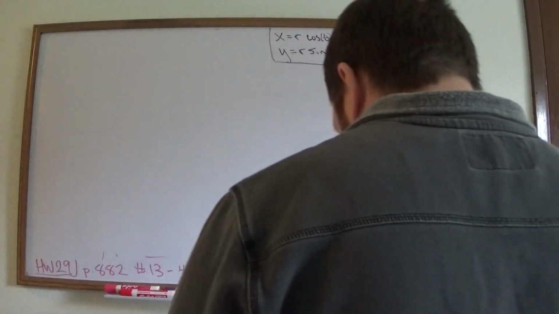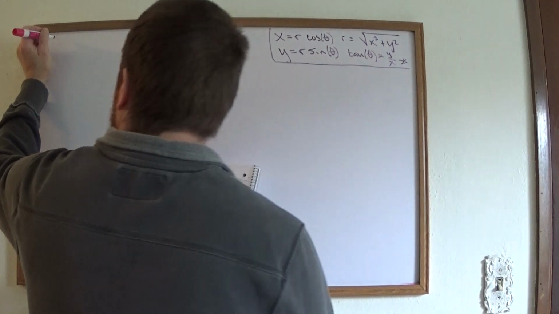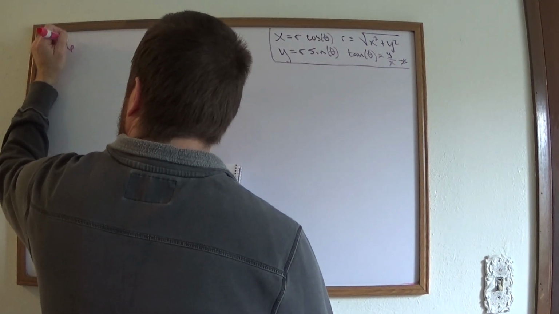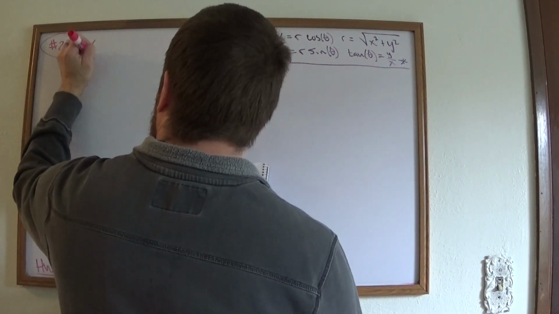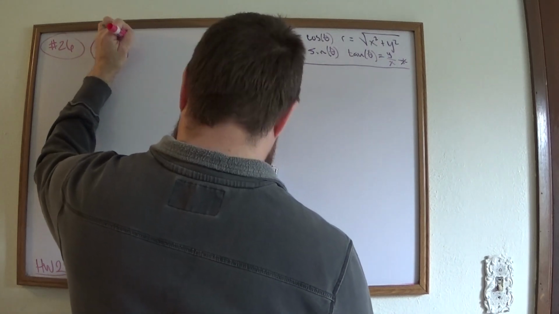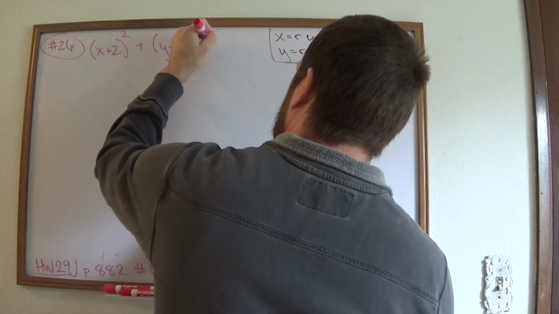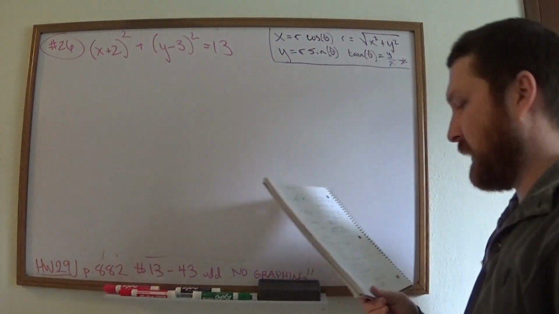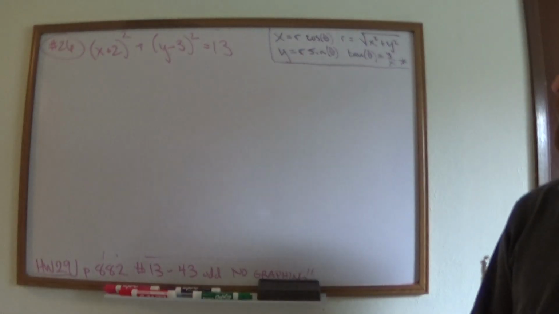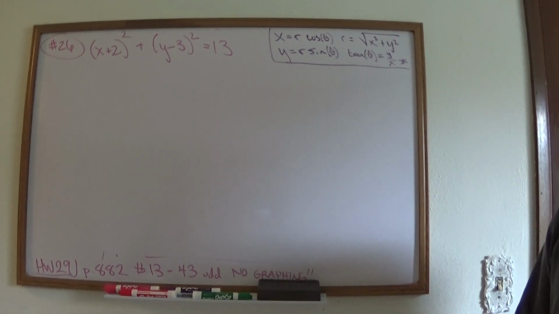Now, you think, oh, that's not hard. Well, watch this. Number 26. Here's number 26: x plus 2 squared plus y minus 3 squared is equal to 13. Okay. Since we're running short on time, I'm just going to go crazy and do this.